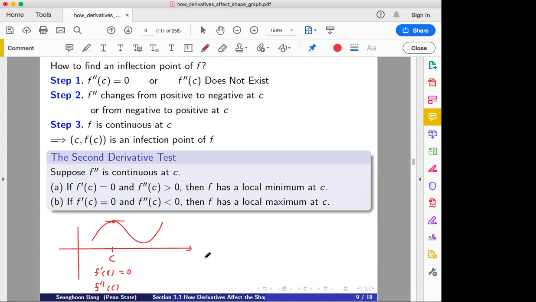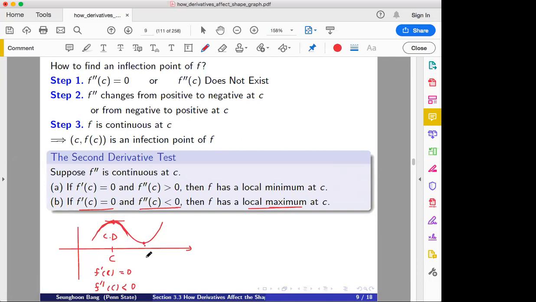Is this portion concave up or down? Concave down. What is the second derivative of a concave down graph? Less than 0. That's it. The second derivative is less than 0, so there is a local maximum at C.